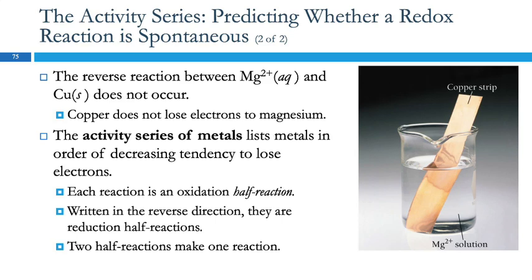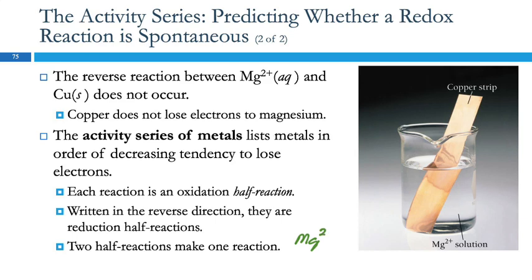In the activity series, each of those reactions is written as a half reaction. And in the reverse, they would be a reduction. So here, if we could look at what if this would happen.